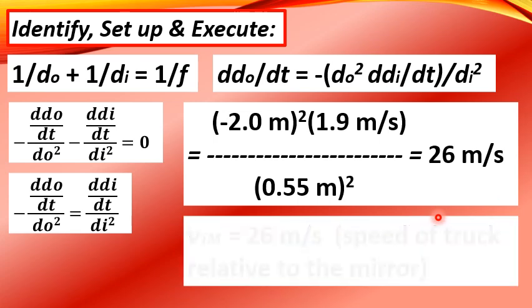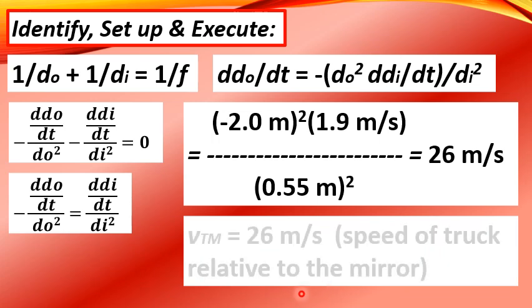So we say that this 26 meters per second is actually the speed of the truck relative to the convex mirror.